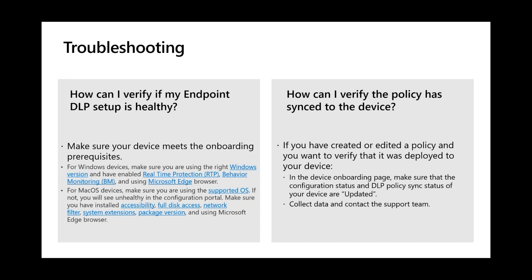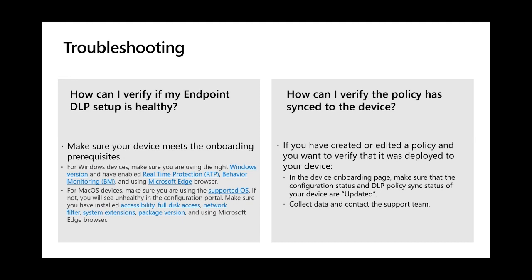So if you already know that a specific policy hasn't been reflected in one of your devices, then you can collect the logs and contact the support team. But a way for you to troubleshoot it yourself is just by going into your device onboarding page and taking a look at the status for configuration and DLP policy sync and making sure everything is updated.